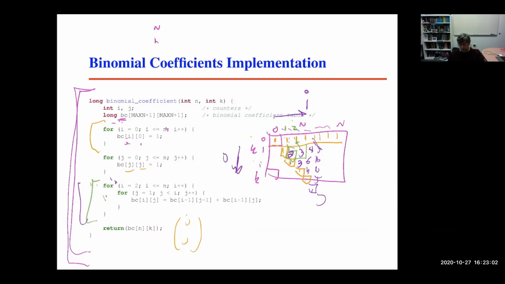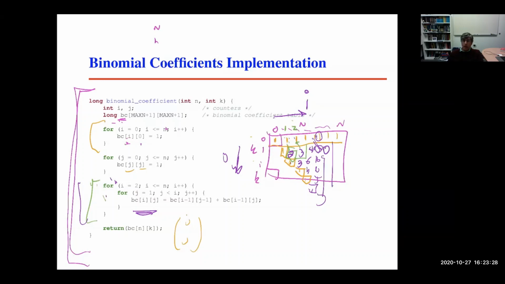And basically to compute any given cell, it's going to go to i minus 1, which means the previous one, j minus 1, and i minus 1, j. Does everybody see the mechanics for how this is working?